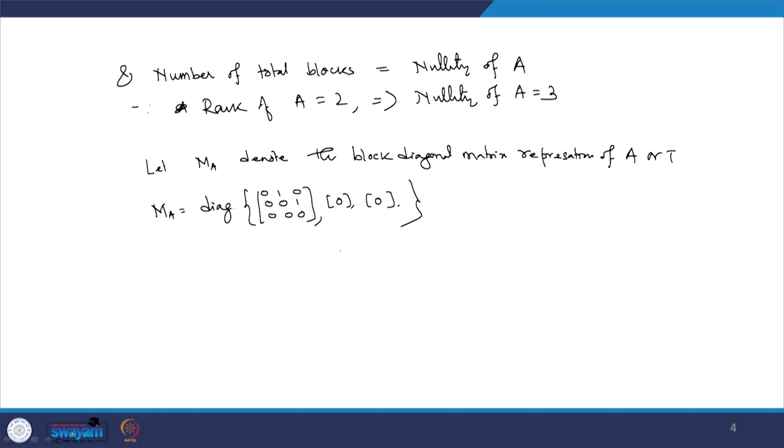So, this is the block diagonal matrix representation of the operator T or matrix A.